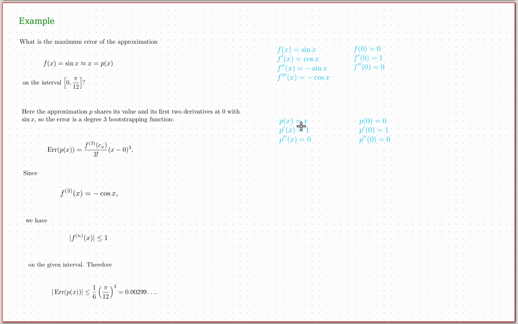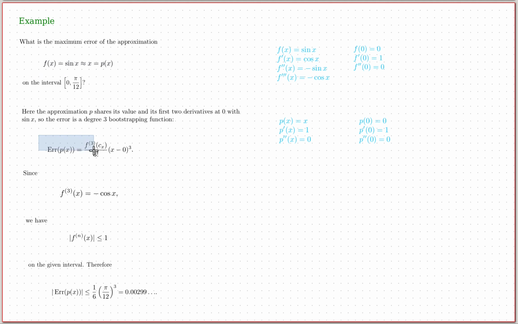If p of x equals x, its first derivative is 1, its second derivative is 0, and when you evaluate those three functions at 0, you get the same values, 0, 1, and 0. So this polynomial p of x equals x matches sine x at 0 in the value of the function and the first two derivatives, right? Therefore, the error in this approximation is going to be a degree 3 function, right?